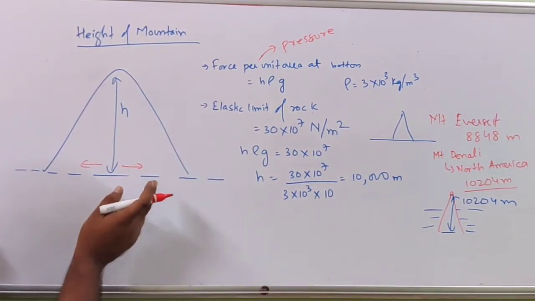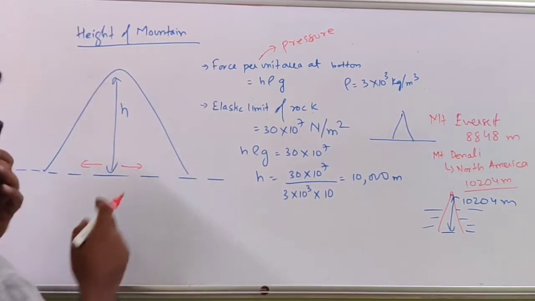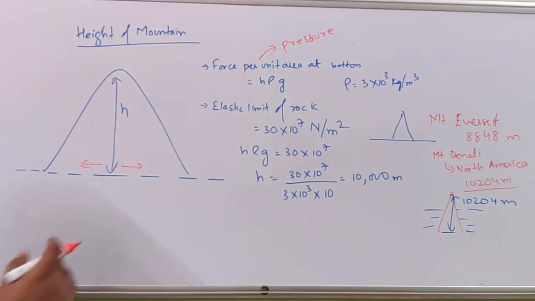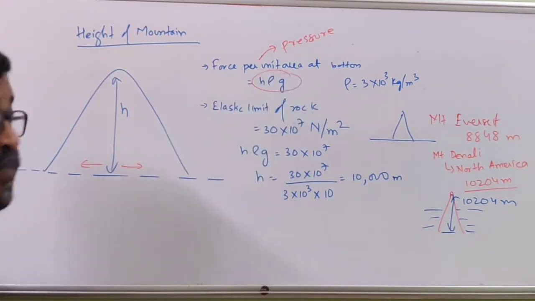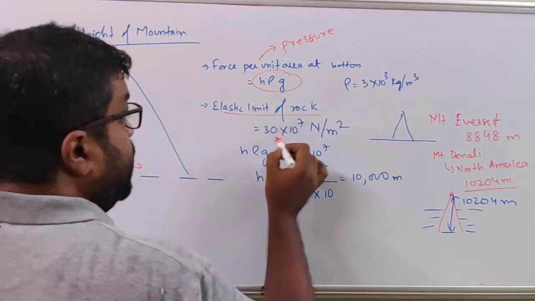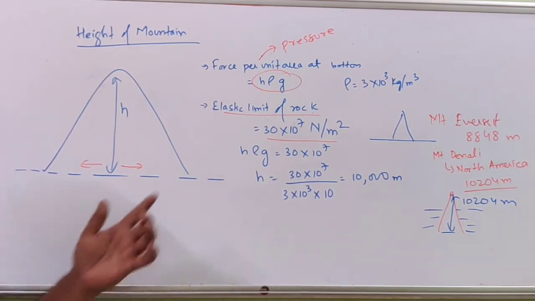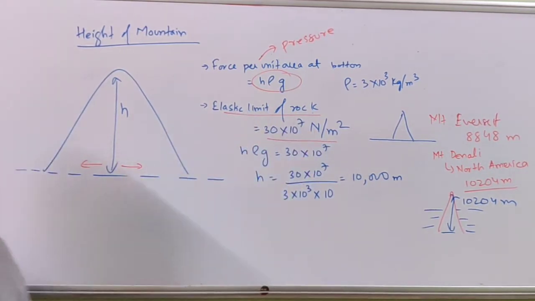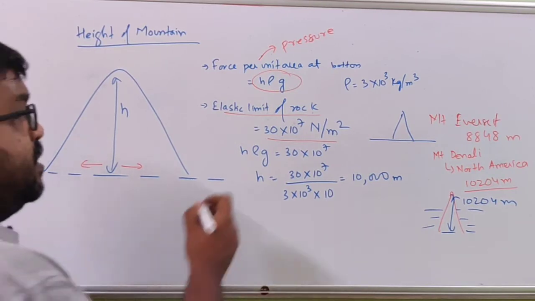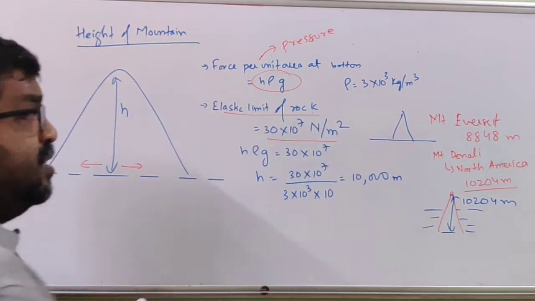That means this rock should be able to withstand this pressure. Now, the elastic limit of rock is 30 into 10 power 7 Newton per meter square. This is just an average value. So that means this is the maximum pressure that the rock can handle.